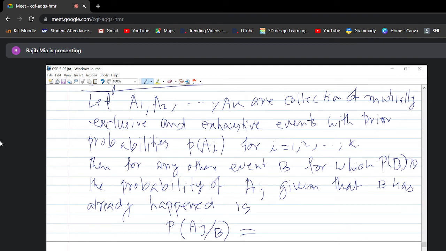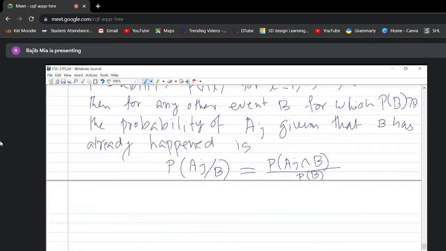Then for any other event B in this sample space with probability of B greater than 0, the probability of AJ given that B has already happened is the conditional probability. Using the definition of conditional probability, probability of AJ by B equals probability of AJ intersection B divided by probability of B. Using the multiplication law, this is probability of AJ into probability of B by AJ, divided by probability of B.